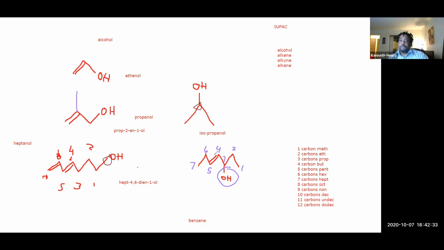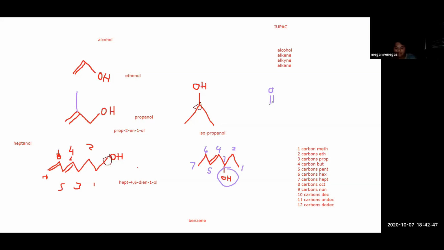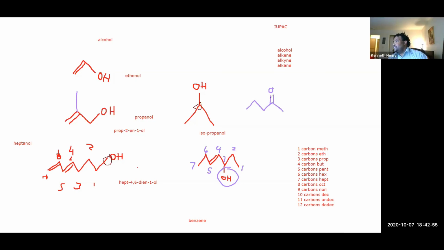So if I put a double bond there, that's a different side chain, right? So then I would draw a double bond. Okay, so that means there's a carbon there that's double bonded to that oxygen.